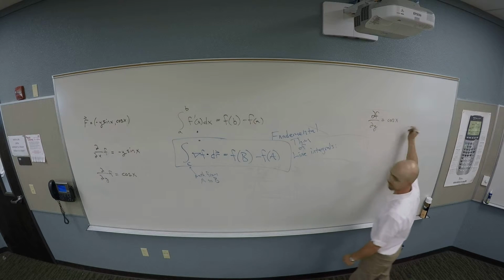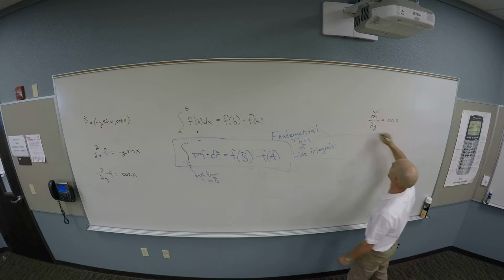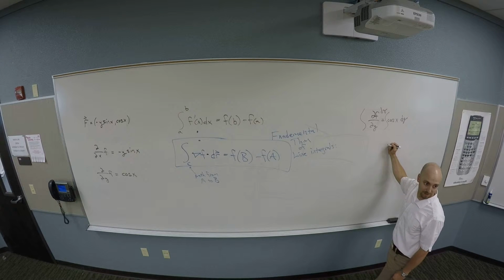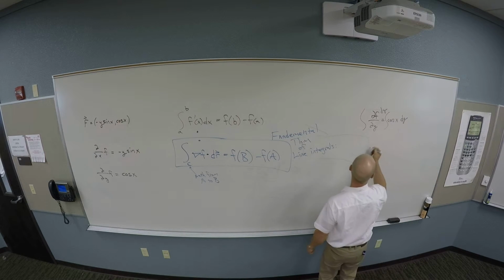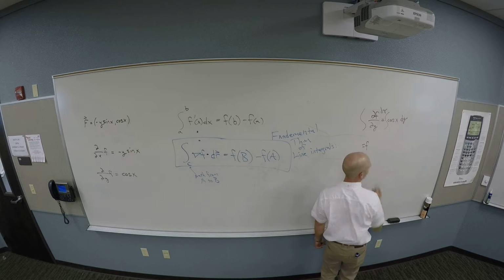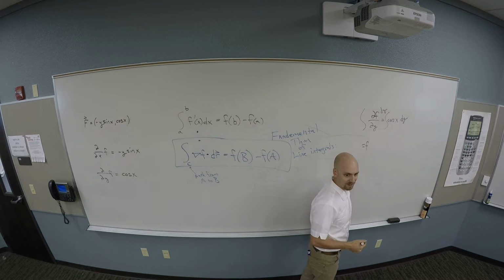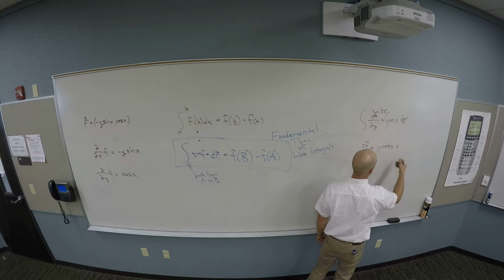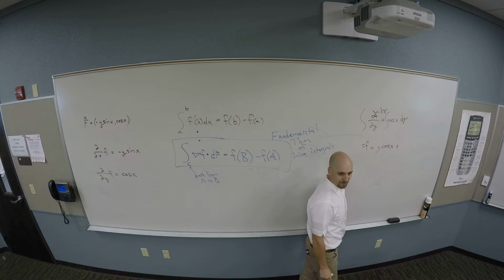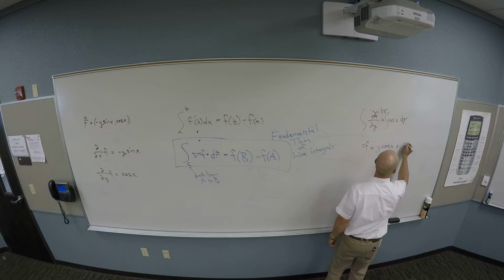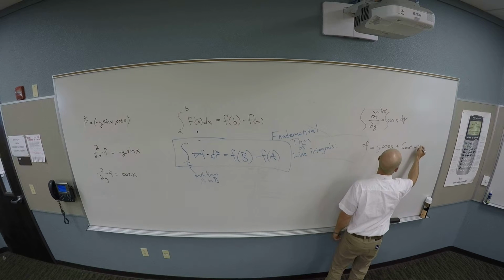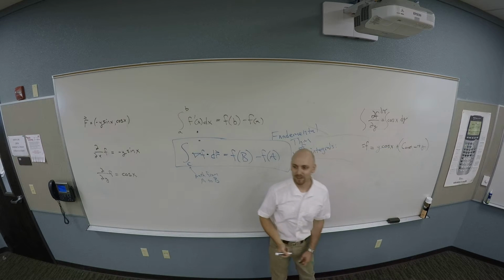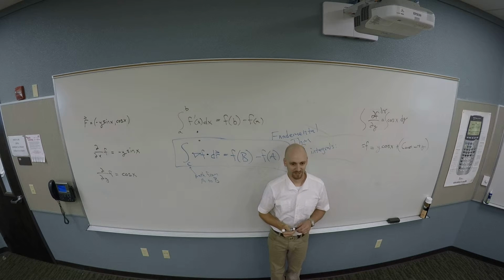Couldn't I just integrate both sides with respect to y? Then I get y cosine x, approximately equals f, because this is a little weird, plus some constant. It has to be constant with respect to y, which means it could be a function of x.